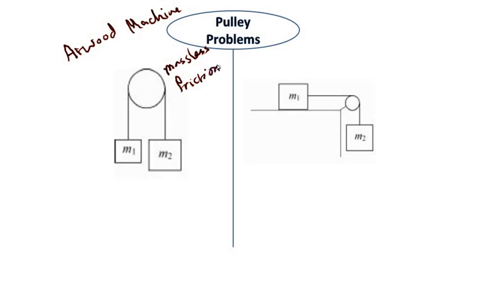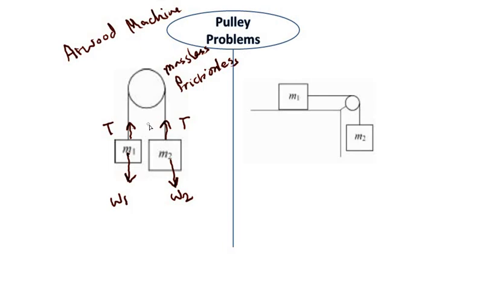So we don't consider the weight of the pulley or the friction between the string and the pulley. To find the acceleration or the tension, we need to draw the free body diagram. Here we have weight 1, here weight 2. We have T2 and T1, or you can just simply call them T and T because it is the same string.